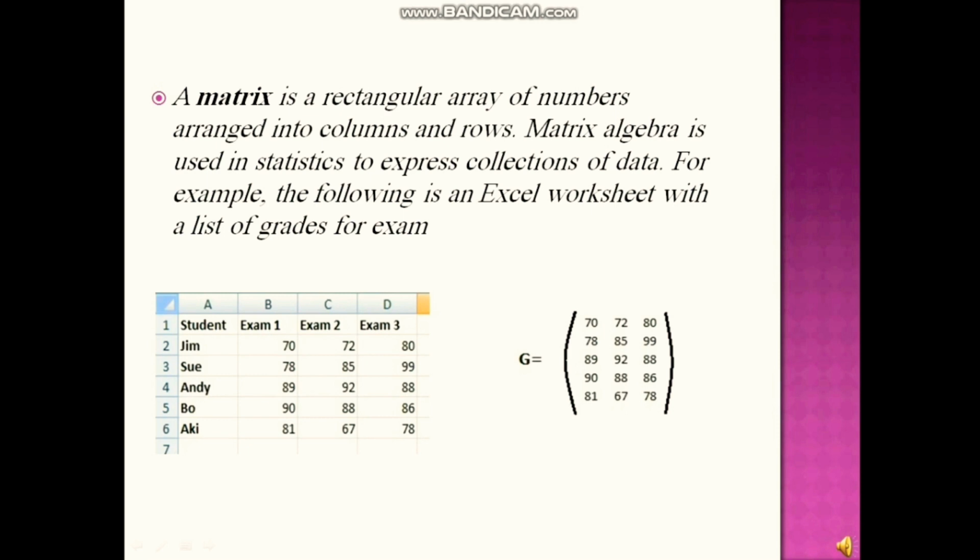You can see this sheet down. It is column of names and rows of marks, and we can represent it in capital G equals to the matrix. We put the marks in columns and rows as it's clear in the sheets.